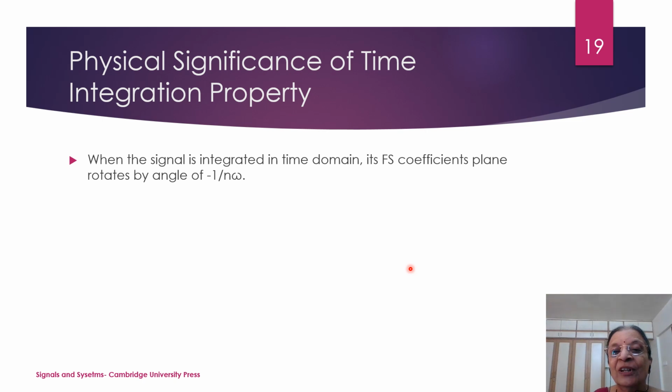It rotates in the clockwise direction, by a minus angle, and in the earlier case when it is differentiated, it rotates in the anti-clockwise direction, that is the positive angle.